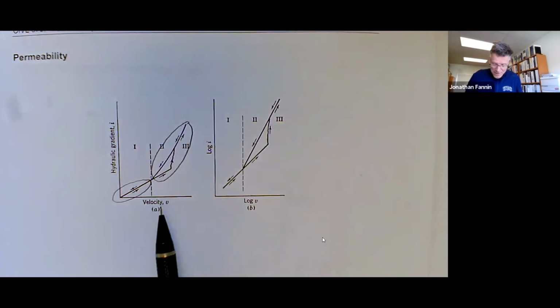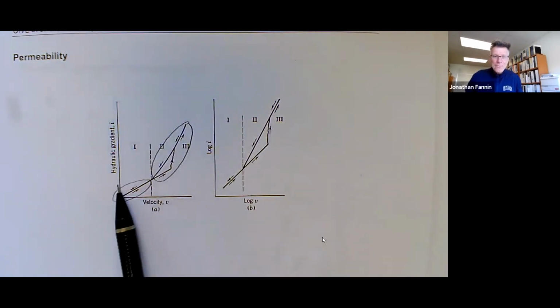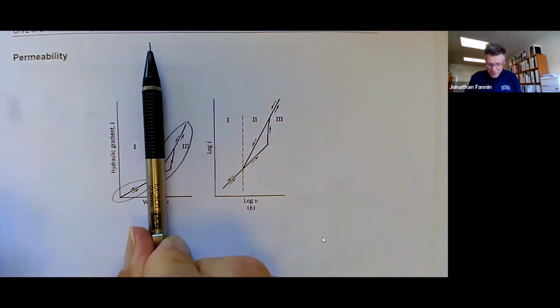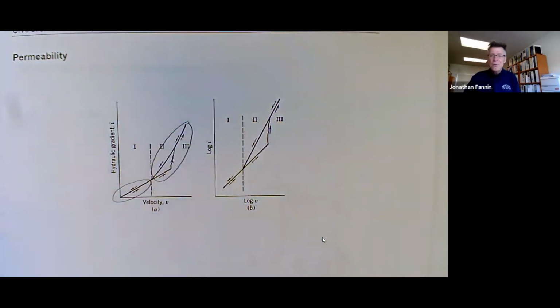Anyone want to offer me a way of describing the nature of the flow regime when it's linear versus a way of describing the flow regime when it's non-linear?